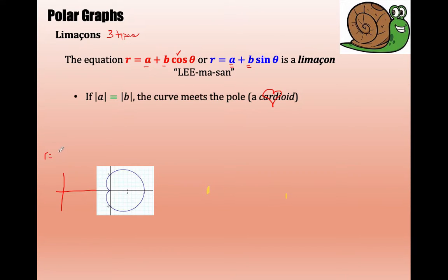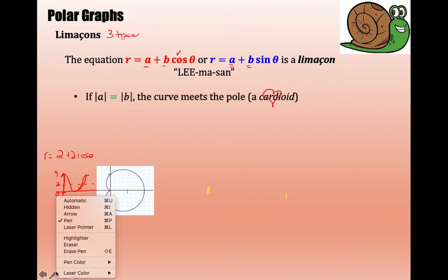If A and B are the same, let's pretend it's 2 plus 2 cosine theta. And let's pretend you are in y equals form and graphing that. Wouldn't your sinusoidal axis be at 2? And then you would go up a distance of 2 to 4 and down a distance of 2 to 0. And then you would draw the positive cosine curve.